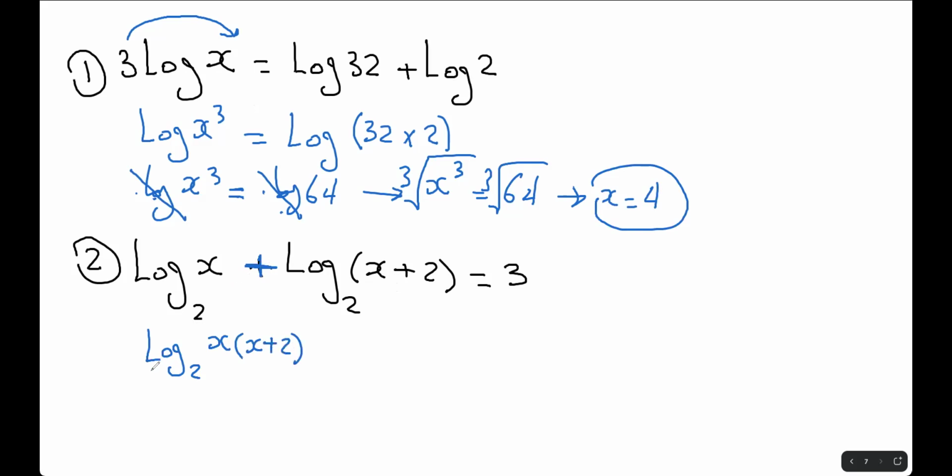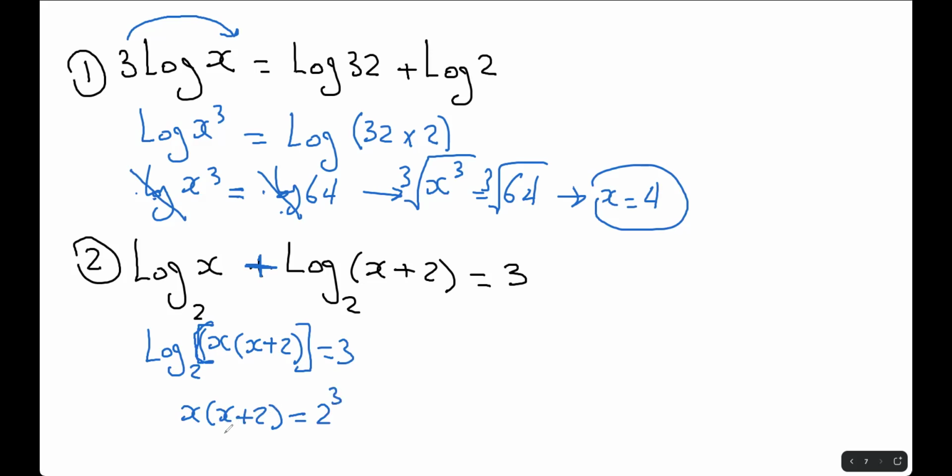Instead of a plus, you write one log, combine the two logs, make them into one, and multiply these two things, equals 3. Now, when we log in all of this, and 2 is the base, I could change this to exponential form. So I could go x times x plus 2 equals 2 to the power of 3.